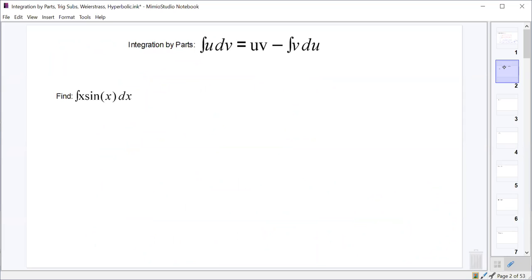If we were trying to think about this before we knew integration by parts, x sine x dx is a product of two functions, and I don't think there's a u substitution that you would see right off the bat that you could use for this. Nobody sees a u substitution there, I assume.